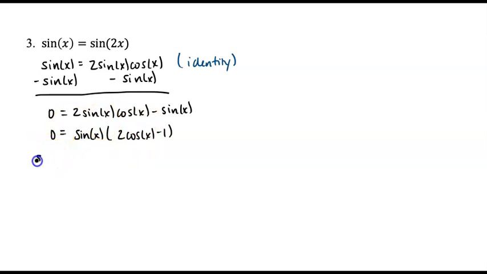So if sine of x was equal to 0, great, that would make this statement true. If 2 times the cosine of x minus 1 is equal to 0, great, that would also make this statement true. So solving these separately, my question is, where does the sine equal 0?